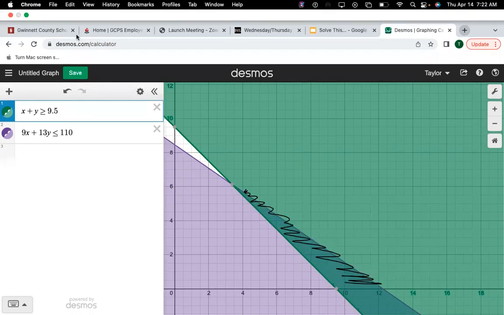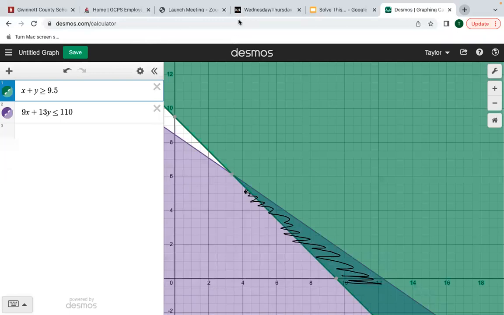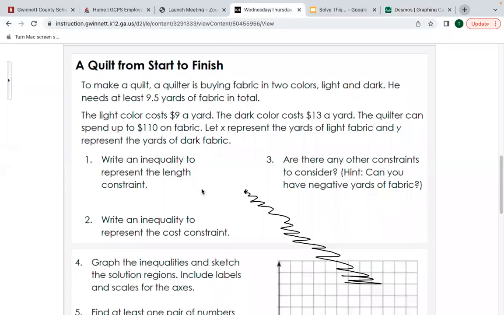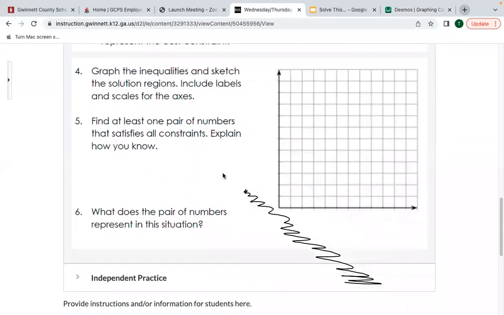All right, so coming back to our page. Find at least one pair of numbers that satisfies all constraints.